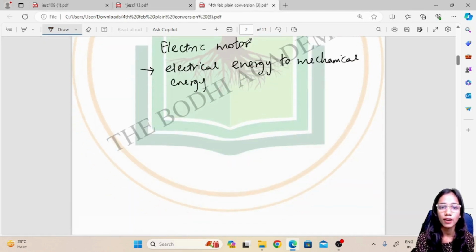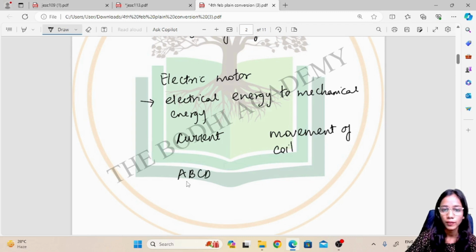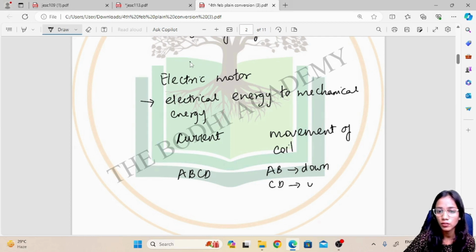Okay, we'll just say it now here. In the first case, the current and movement of coil: when the current is going from A, B, C, D, arm AB is pushed down and arm CD is pushed up.